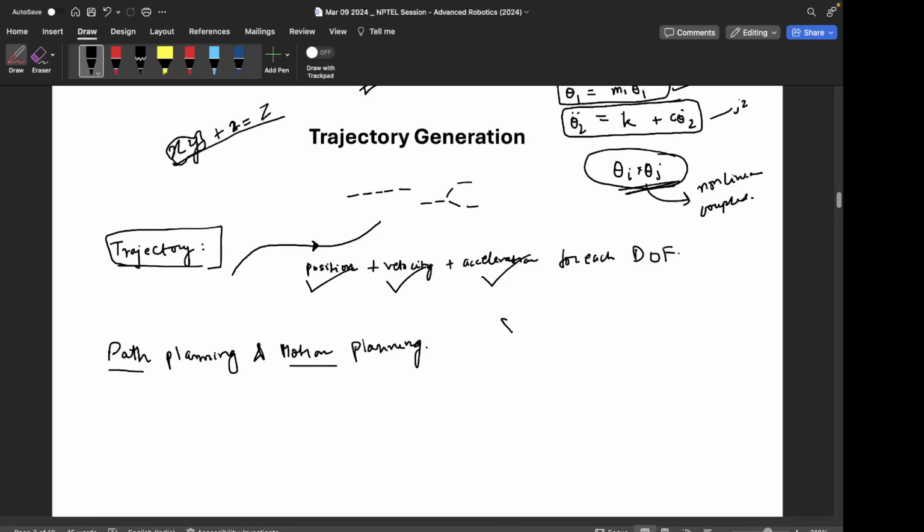Since I work on legged robots, I will take the example of a legged robot, a quadruped, right? A quadruped robot, which, for this very simple case, is a planar quadruped robot which has, let's say, four joints.